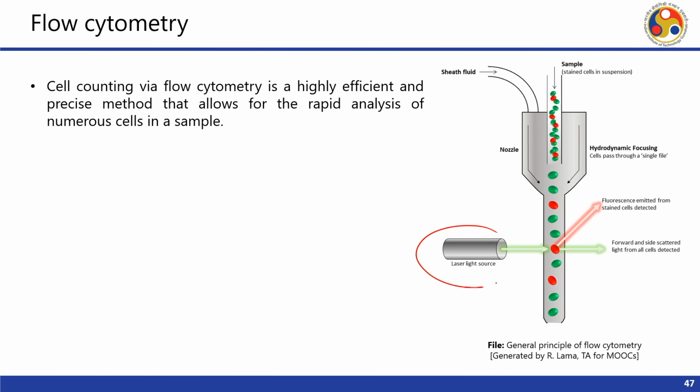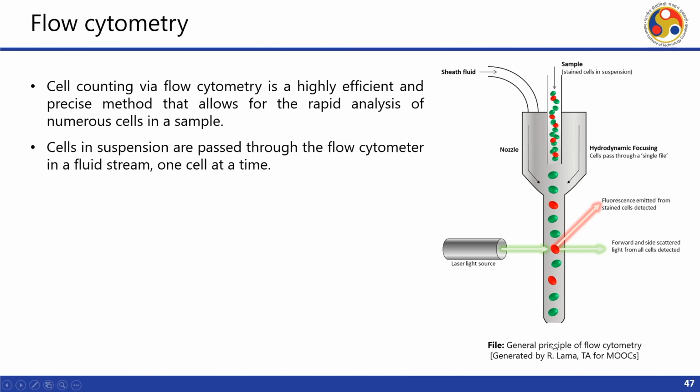Then there is a laser source over here, and then this will interact with the cell which is stained as it passes through, and then this is the side area where the signal will be picked up. So, here the fluorescence that is emitted from the stained cells is detected, and here the forward and side scattered light from all the cells is detected. So, by this mechanism the cell counting becomes quite highly efficient.